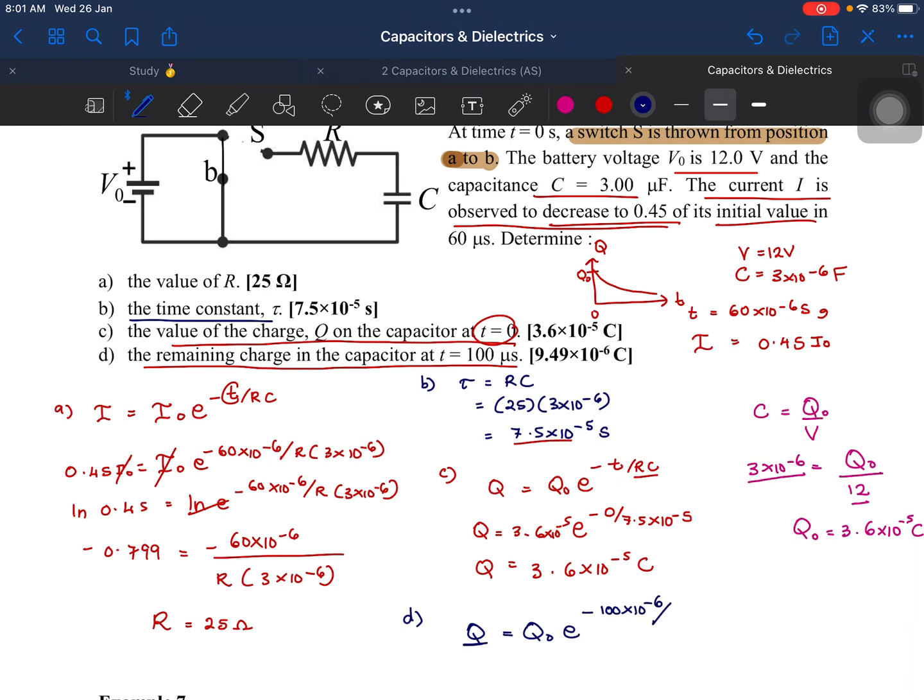So ni kita tahu RC sudah 7.5 darab 10 kuasa negatif 5. And we already know the Q naught kan. Q naught tadi 3.6 times 10 to the power of negative 5. So you press the calculator and then you get your answer to be 9.49 times 10 to the power of negative 6 C. Okay, right, so let's try to do the next question lah.